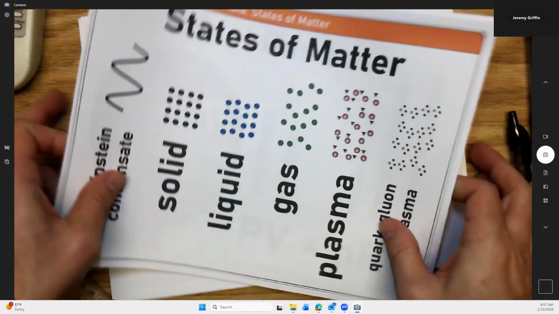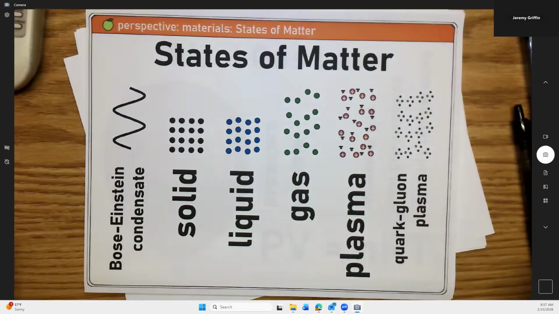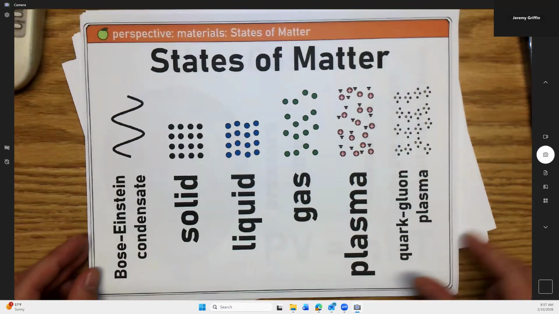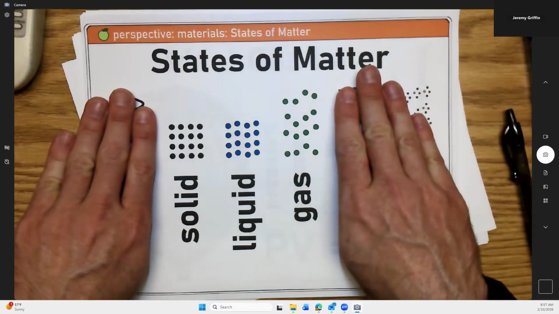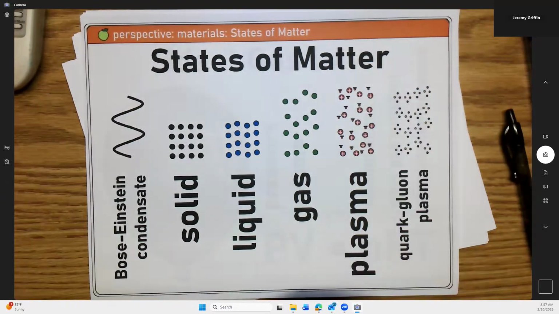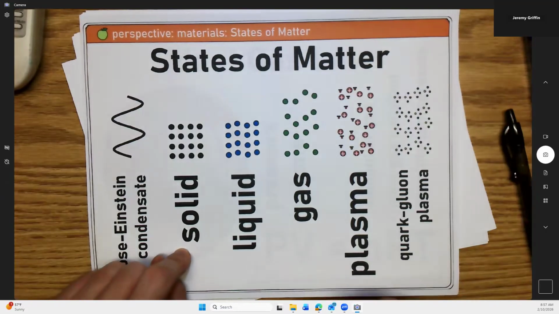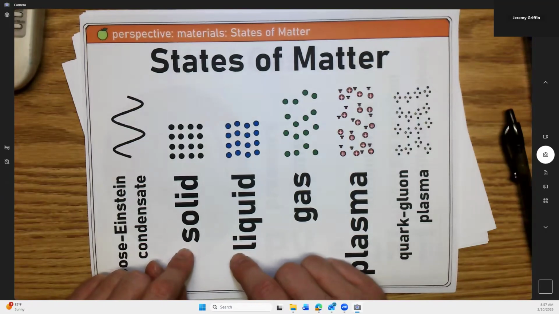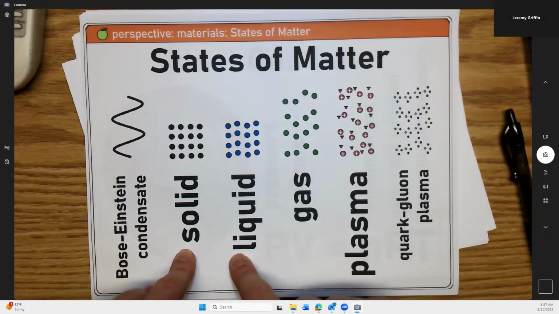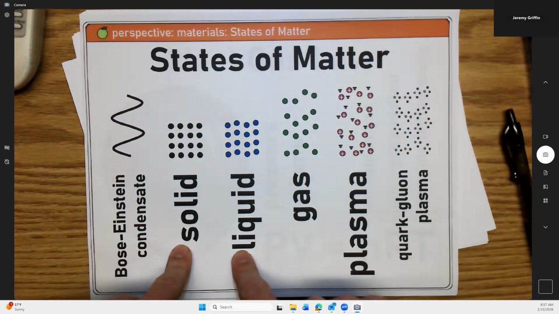And so, start off real big picture. What are the different states of matter out there? Here's your main three, and these come with textbook definitions that work most of the time for most scenarios. Think about this: solids and liquids are basically not compressible, so they have some defined volume.